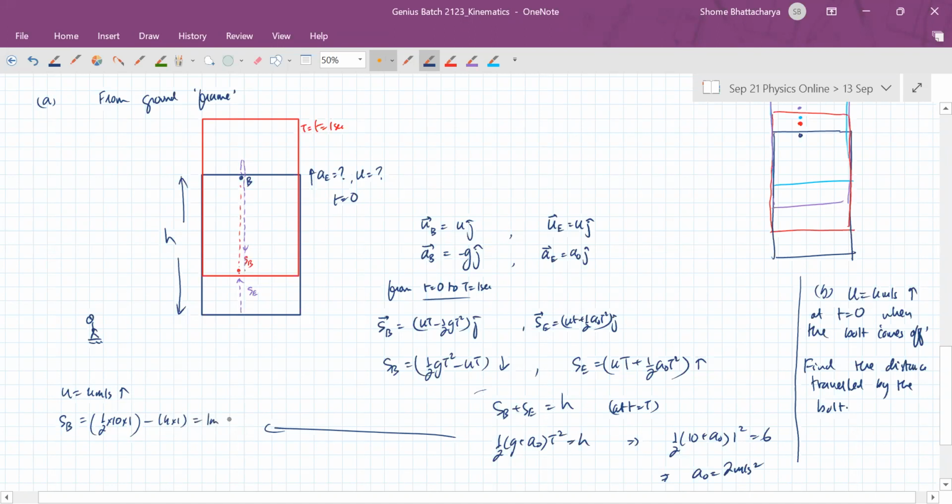It's actually only 1 meter downwards. And the displacement of the elevator during that time is ut plus half a t square, which you can see is 5 meters upwards.